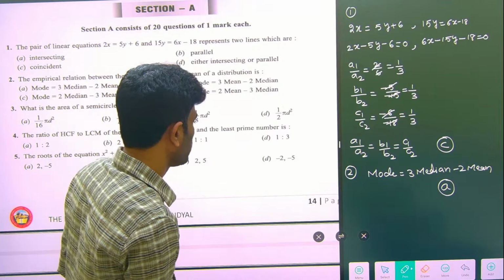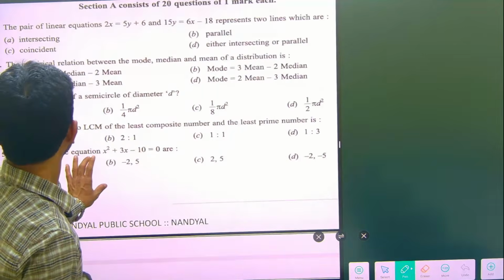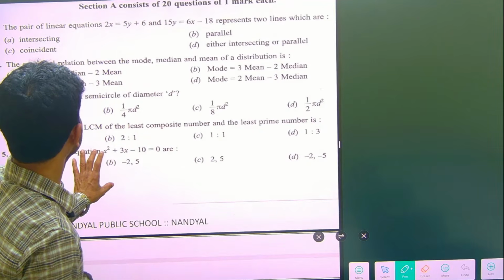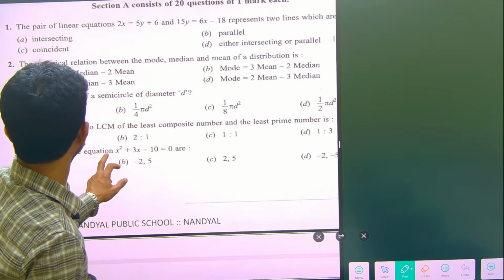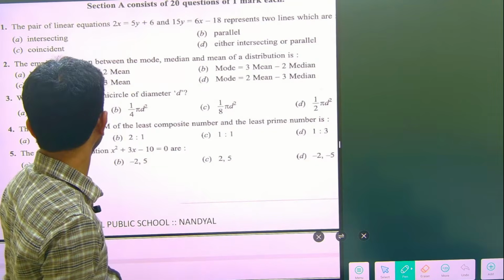Now I am going to the next question. Question number 3. What is the area of semicircle of diameter D?